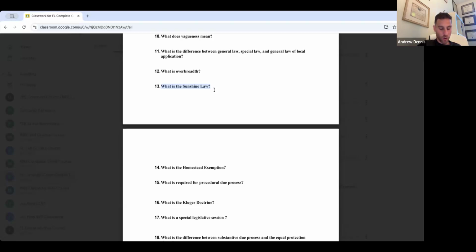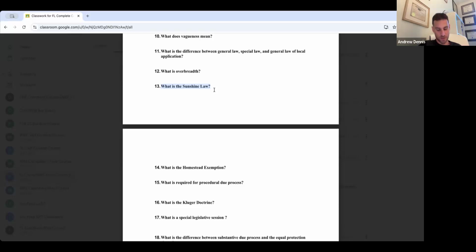An argument to say why the sunshine law should not apply, the state will argue that Florida has a heightened right of privacy, but that argument should fail because the sunshine law provides this right of access. The homestead exemption protects half an acre inside a municipality and 160 contiguous acres outside a municipality from forced sale by outside creditors.